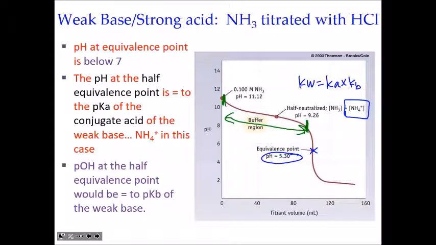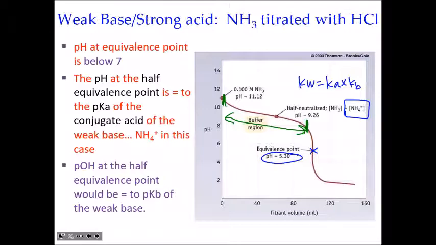You could look at the pOH. You would do 14 minus the pOH, of course. If you do the negative log of the Kb, that would give you the pKb, which equals the pOH at the midpoint there. You subtract that from 14, then you can get the pH. So you can do it that way as well, another option: finding the pOH from the pKb.